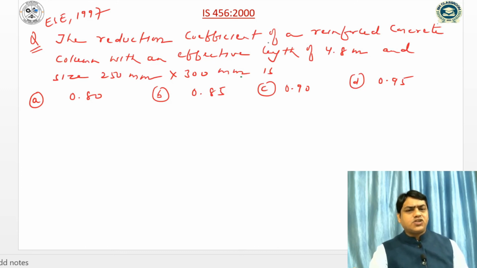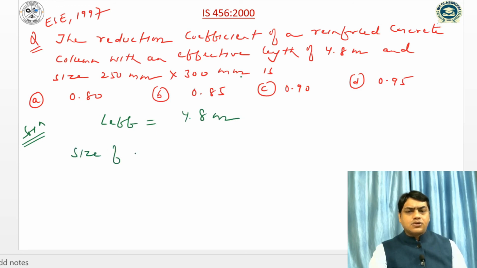Find the reduction coefficient of a reinforced concrete column with an effective length of 4.8 meter and size of the column given as 250 mm by 300 mm. So L effective is equal to 4.8 meter. Size of column is 250 mm by 300 mm.